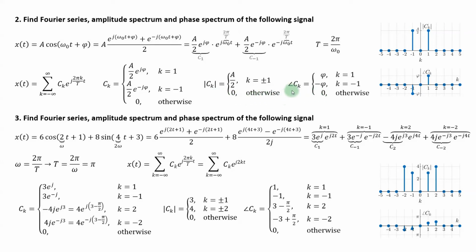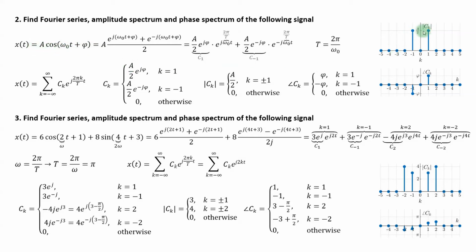Both this amplitude spectrum and this phase spectrum are plotted here. And from these plots you can read that our signal contains a single tone, a single harmonic at a single frequency. These two lines correspond to these two exponentials, which, when summed, will give us our cosine, our pure tone at a single frequency.